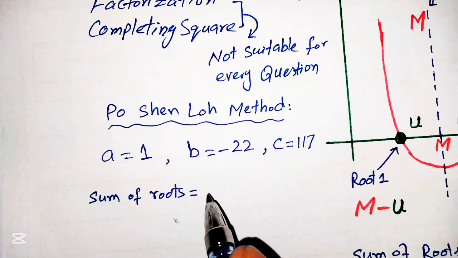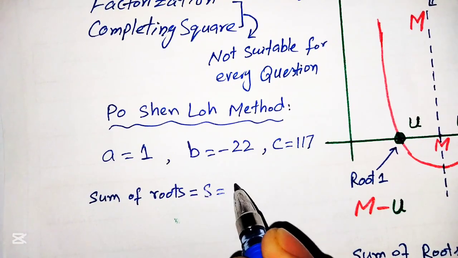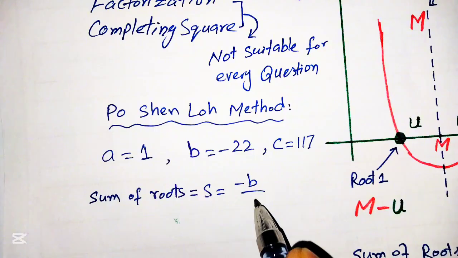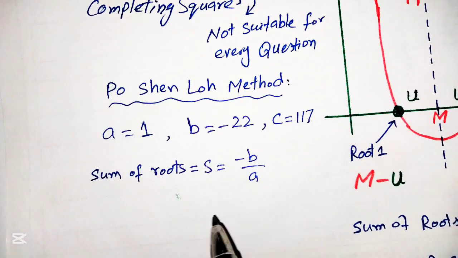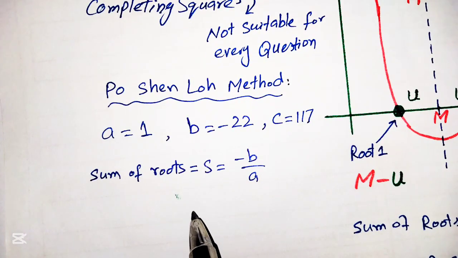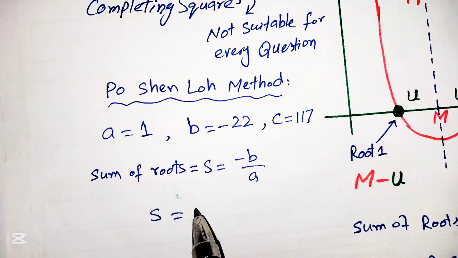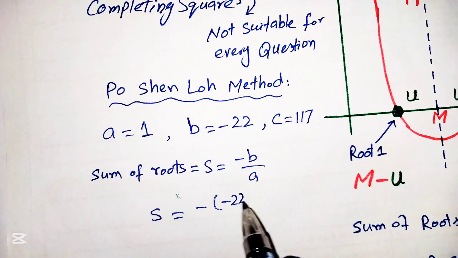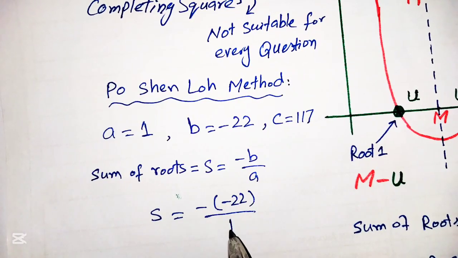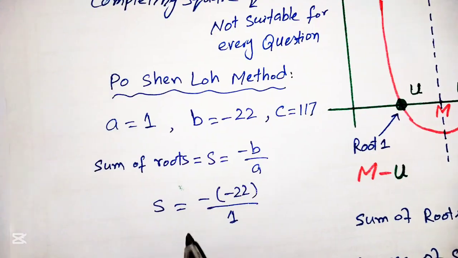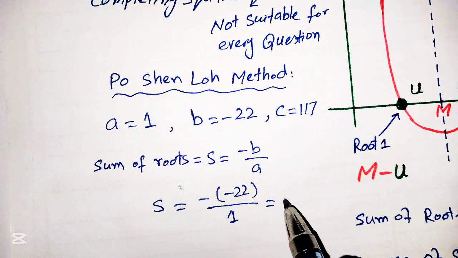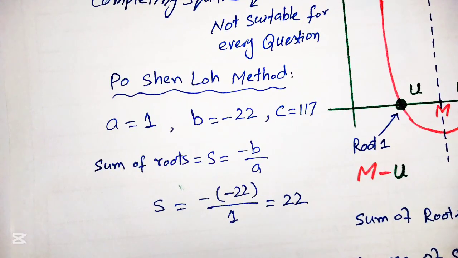Now the sum of roots S is equal to minus b over a. Putting the values of b and a here, we get S is equal to minus minus 22 over 1, that is, S is equal to 22.